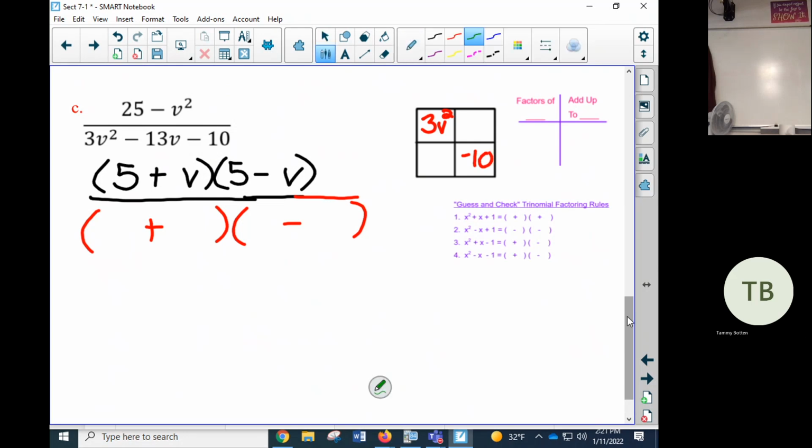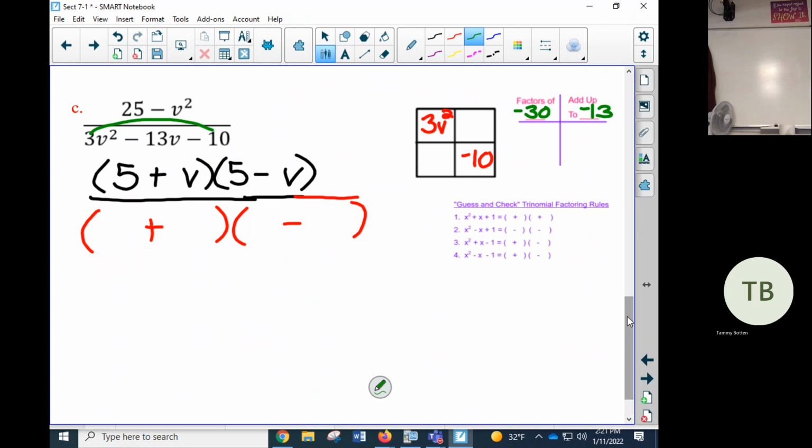The number that goes here is what you would get if you multiplied 3 times a negative 10. And 3 times a negative 10 is negative 30, okay? And then what goes here is still that middle term. The only thing I changed on this at all is this number is what you get when you go 3 times a negative 10, okay?